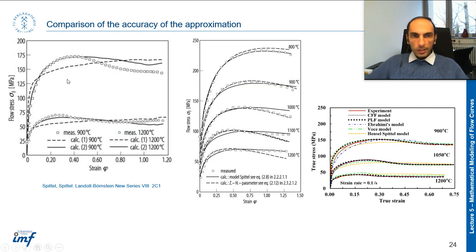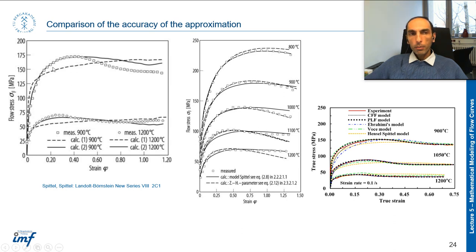Okay, this slide is about the accuracy of the model. It compares the model with the experiment. This is the Hansel-Spittel model, and it shows a big error between the experiment and the model, for this temperature especially, on the peak.